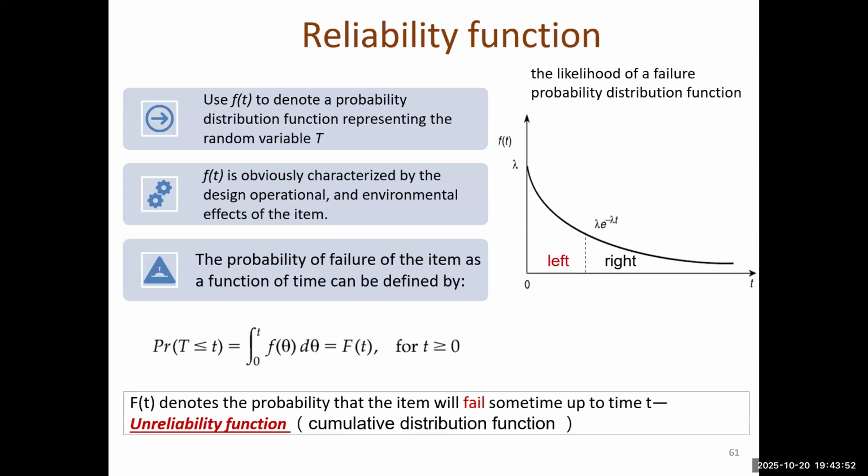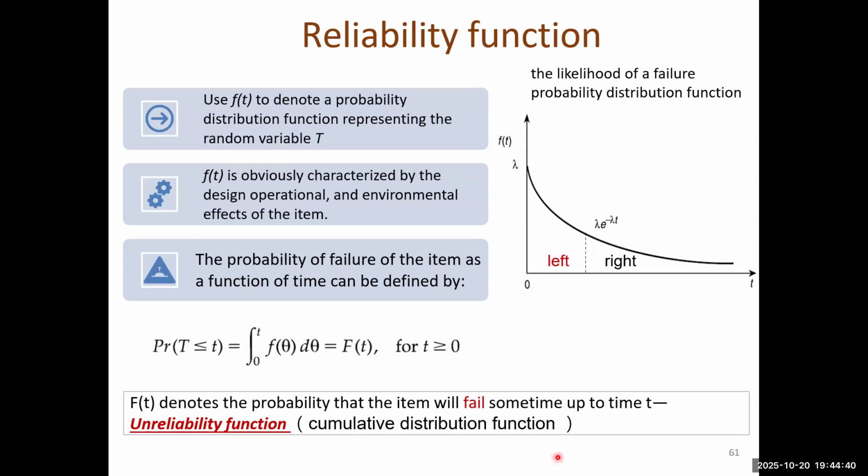If we want to know the probability that the item fails on or before a certain time t, we look at the area under this f(t) curve from 0 up to that time t. We need to calculate the area under this curve. This cumulative probability is called the cumulative distribution function, capital F(t), and it is calculated by integrating f(θ) from 0 to t. It has another name. What kind of name is it?